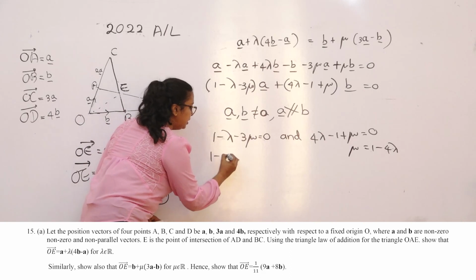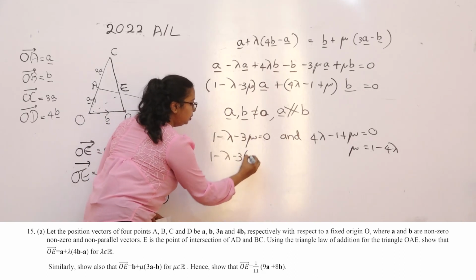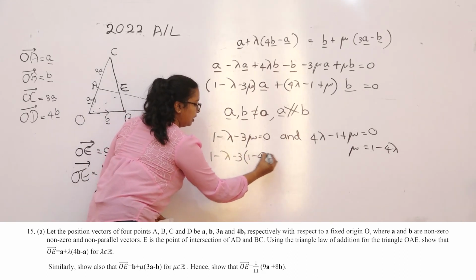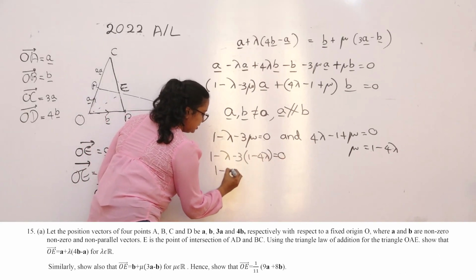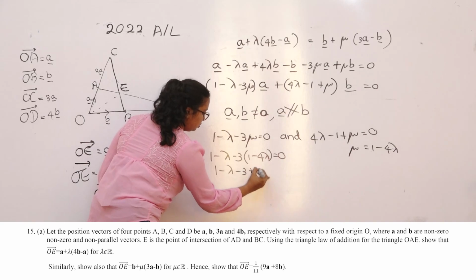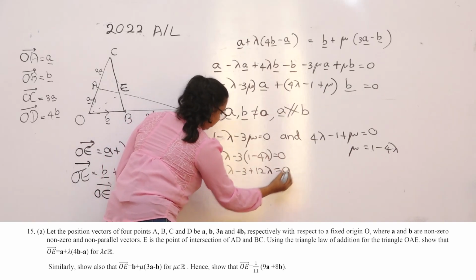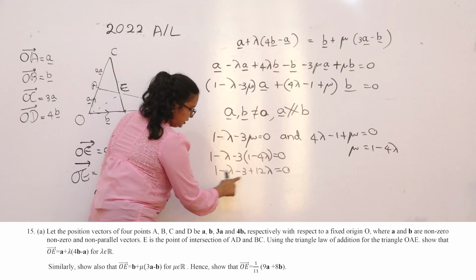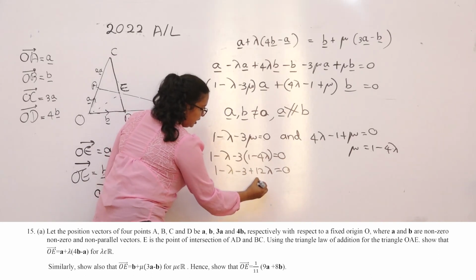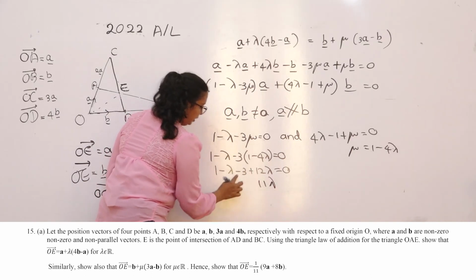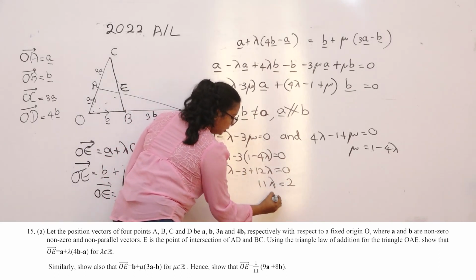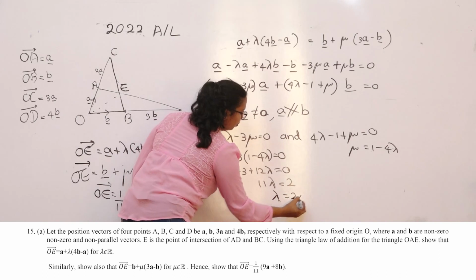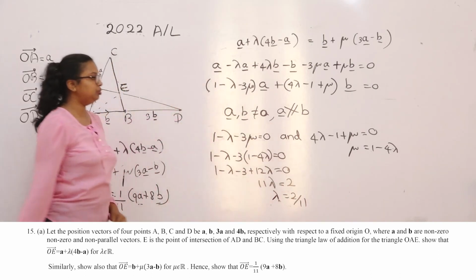See, 1 minus lambda minus 3 into 1 minus 4 lambda is equal to 0. Now 1 minus lambda minus 3 plus 12 lambda is equal to 0. Therefore, 12 lambda minus lambda means 11 lambda, minus 3 plus 1 is minus 2. I will take it plus 2 there. So, lambda is equal to 2 over 11.